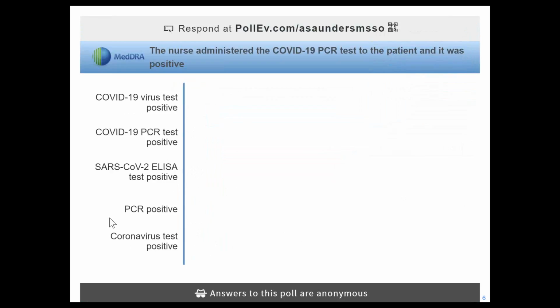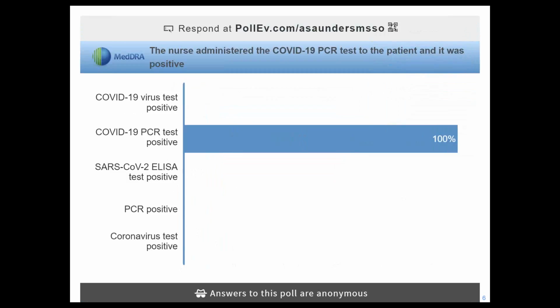So in this particular narrative, the nurse administered the COVID-19 PCR test to the patient and it was positive. Great. Just watching our responses coming in. All right.